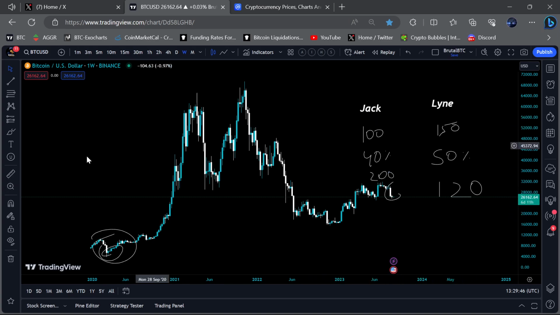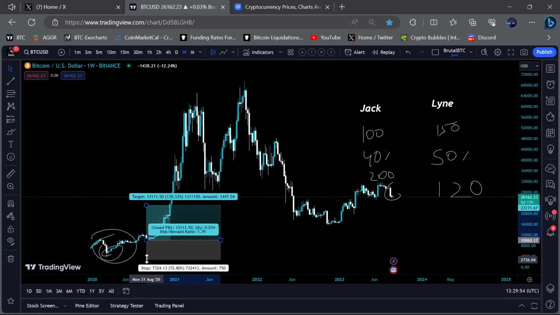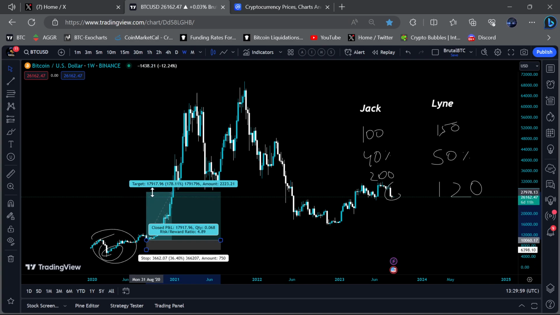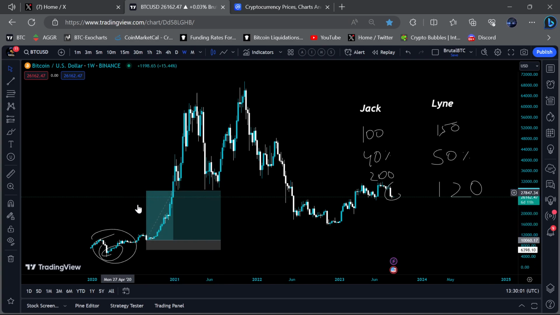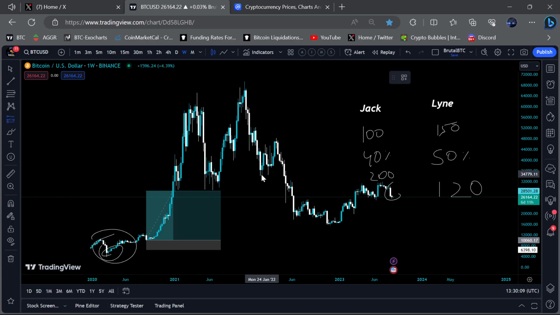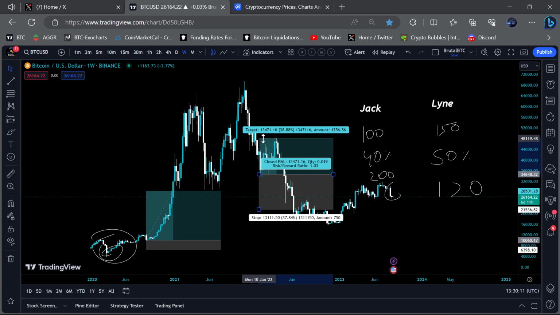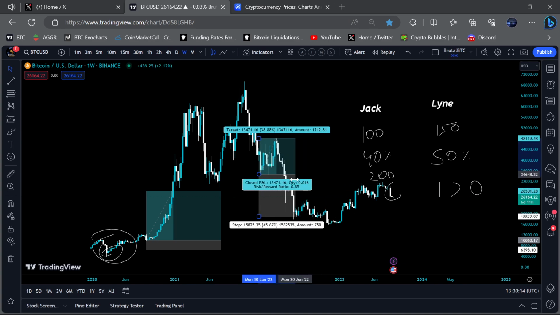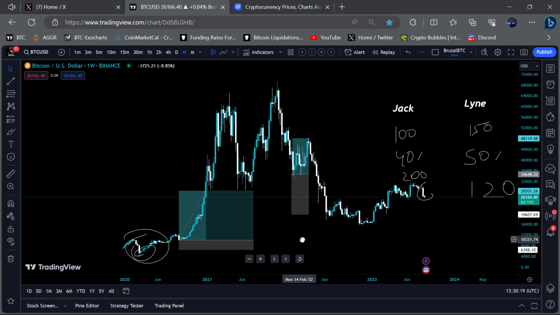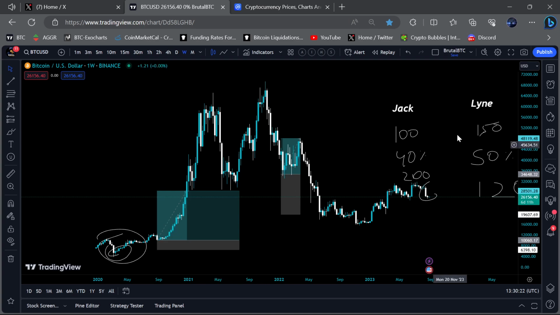For example, Jack is throwing $10 in one trade. This is a trade setup of Jack.